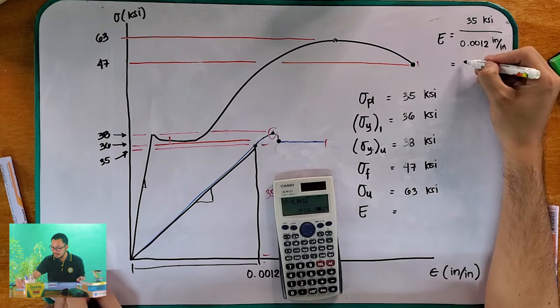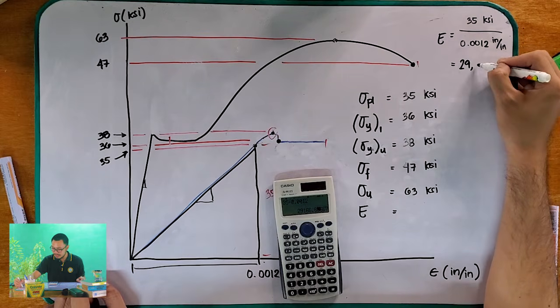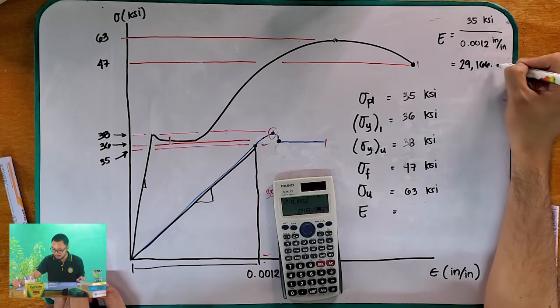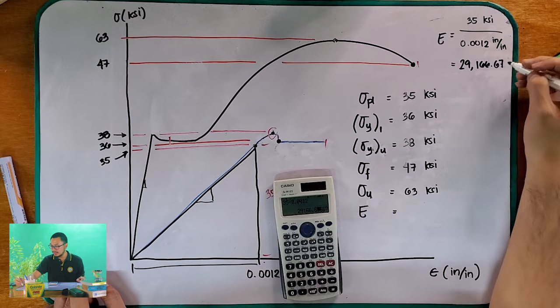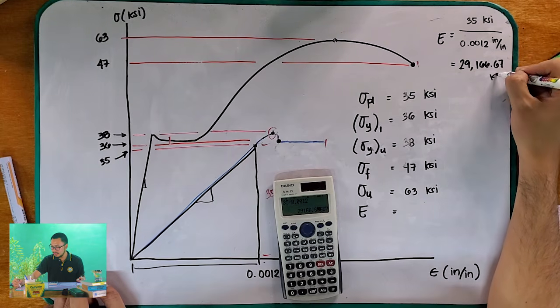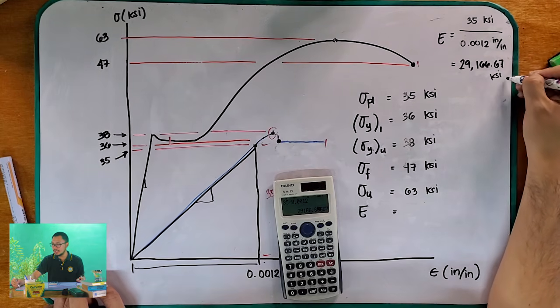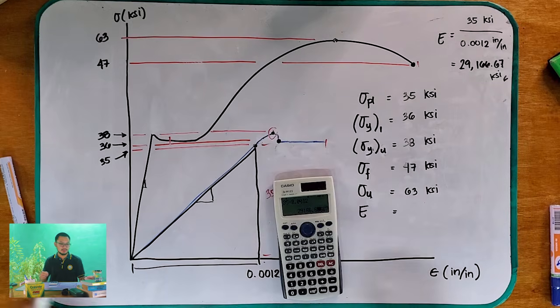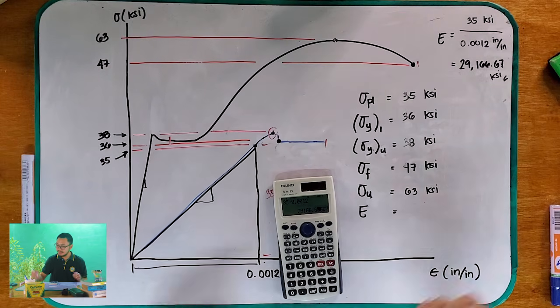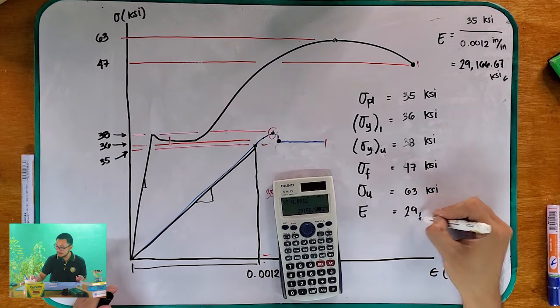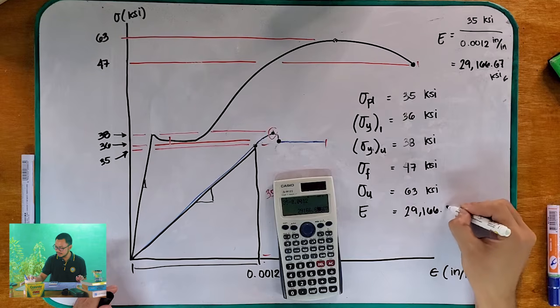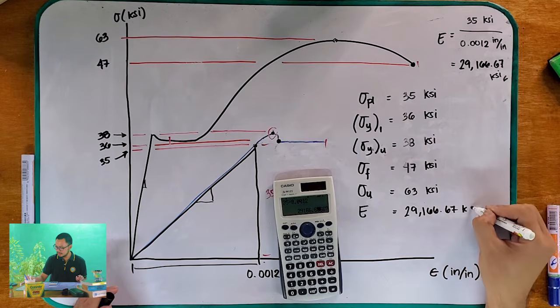So, what is your modulus of elasticity? It is 29,166.67 KSI. That is how large the values of the modulus of elasticity are. So this is 29,166.67 KSI.